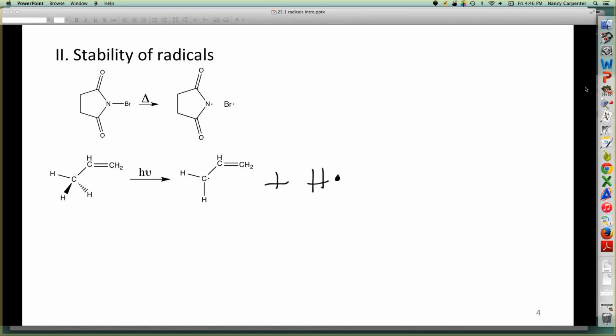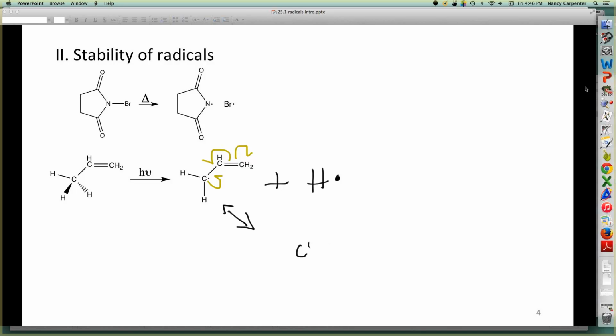Well, because again, we've got delocalization that can take place, so that this particular allyl radical, just like the allyl cation or the allyl anion, can be delocalized. Oh, that was funky.